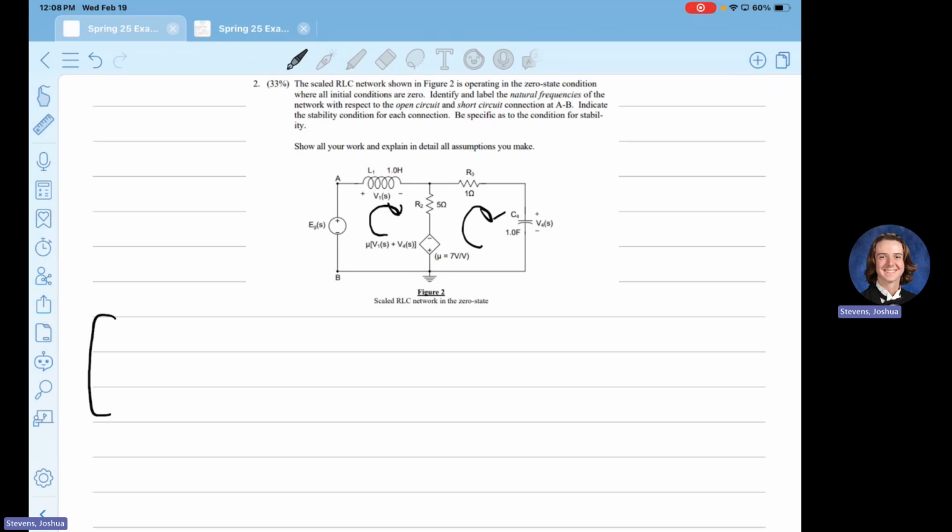I mean, look at the numbers. Oh, I kind of blocked one. No, I didn't. We got a 1 Henry. By the way, these numbers are just purely imaginary. You will never see these numbers. I feel like there's a 5 ohm resistor out there, but you're not going to see a 1 Henry inductor because that's crazy.